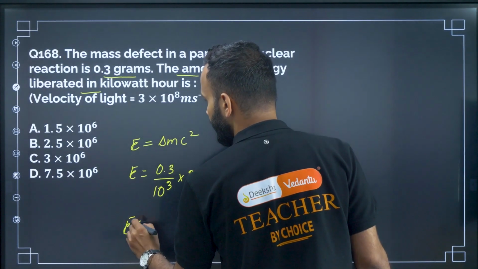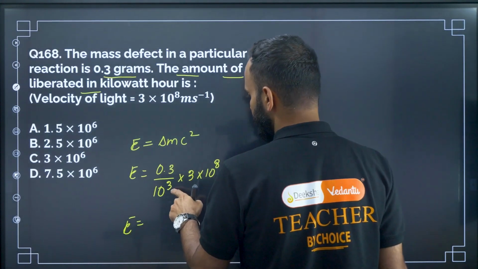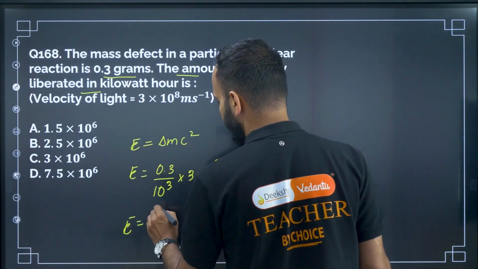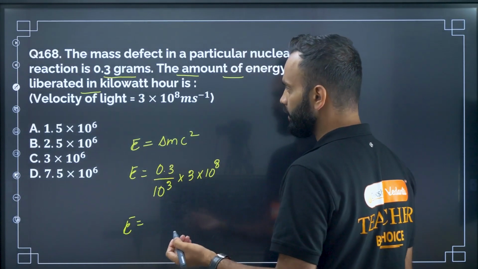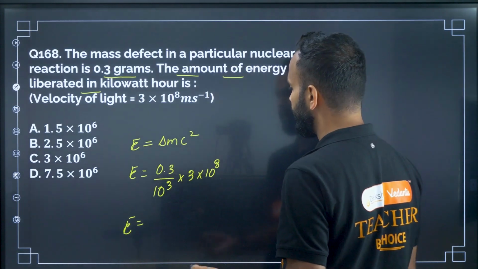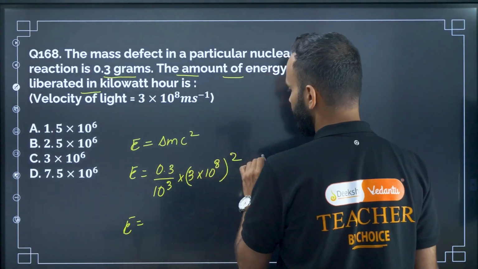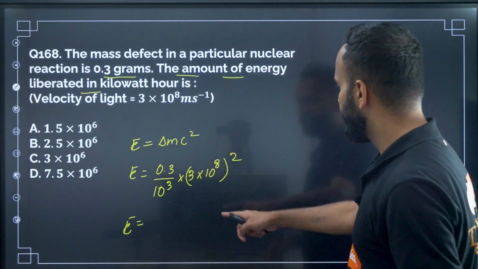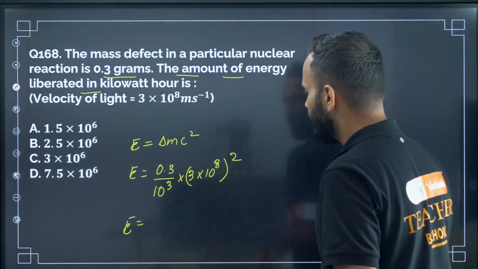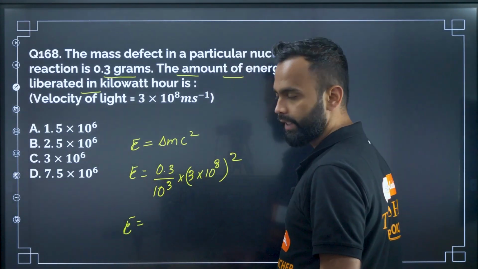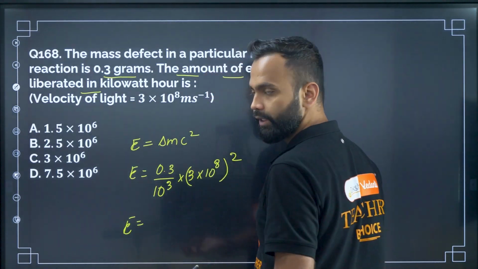Now this is the energy, 3 into 10 to the power 8 whole squared. We need to convert it into kilowatt hour, so divide E by 3.6 into 10 to the power 6.